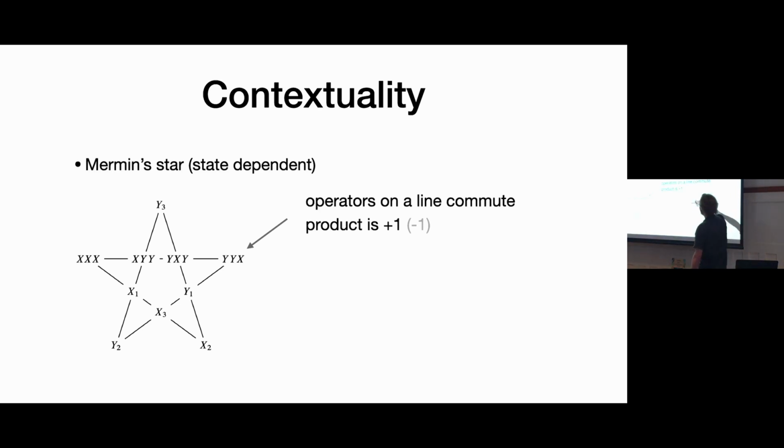And the product of these Pauli operators along any line, so here we also have 3 qubits instead of 2. The product along any line, again, they all commute, and they have this constraint that they either give plus 1 on every line except for the shaded one where they give minus 1.